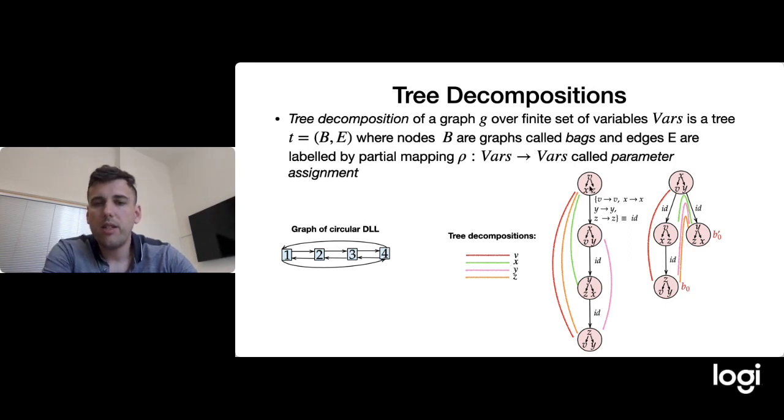As we can see, the red pipe starts in the first bag because the first occurrence of v is here and ends in the last bag where is the last reference to v. The green pipe starts in the first node where is the first occurrence of x and ends in the third node where is the last reference to x.